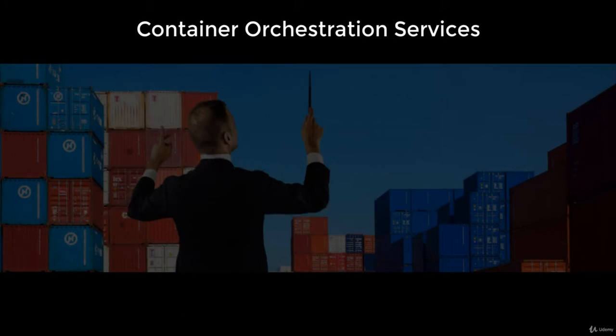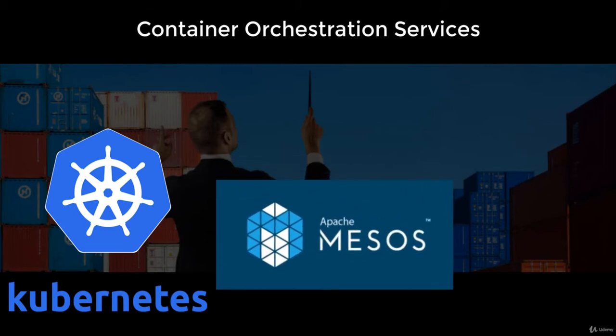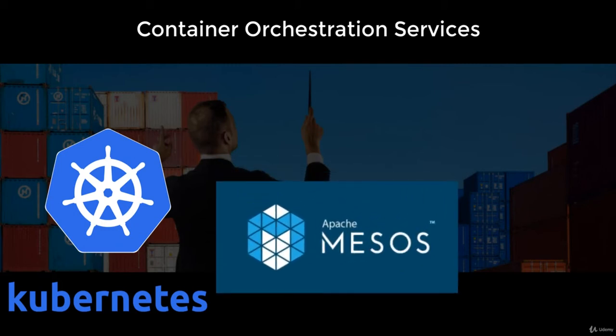Let's talk about some of the popular orchestration services that are supported by Azure Container Services. The first one is Kubernetes. Kubernetes is a Google-based solution that's an open source system for automated deployment, scaling, and management of containerized applications. Mesos DC/OS is another orchestration solution.